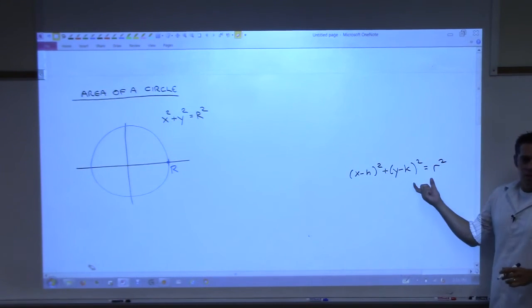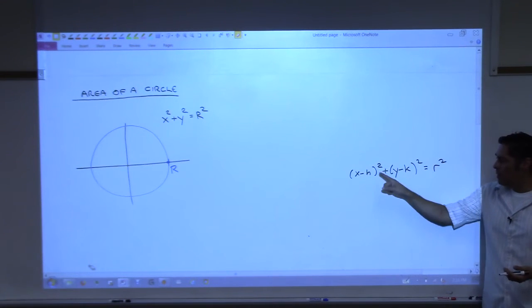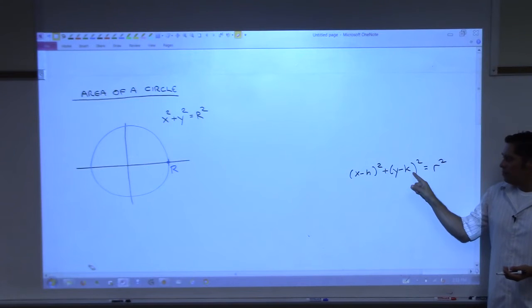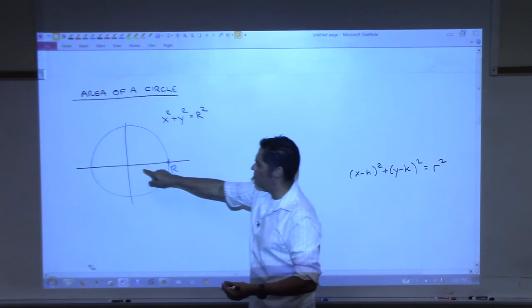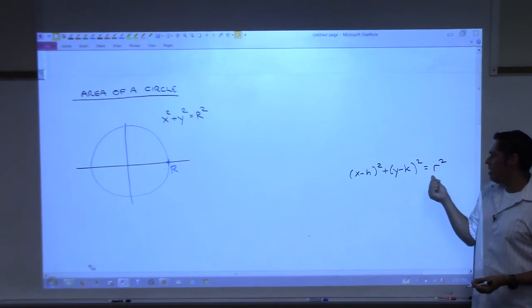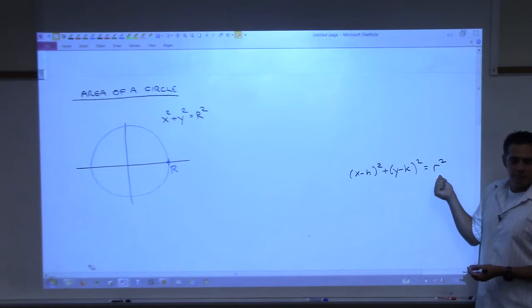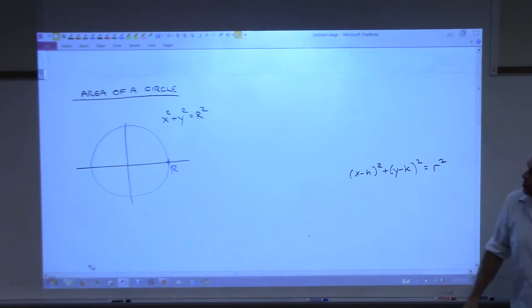That's the general formula for any circle centered at the point (h, k) with a radius of r. In this case, our center is the point (0, 0), so that gives us x squared plus y squared equals capital R squared. That's something we have to know from before. So we all agree that that's the formula for it?